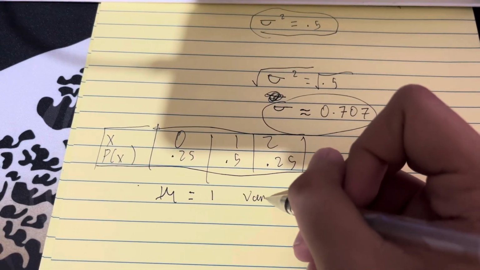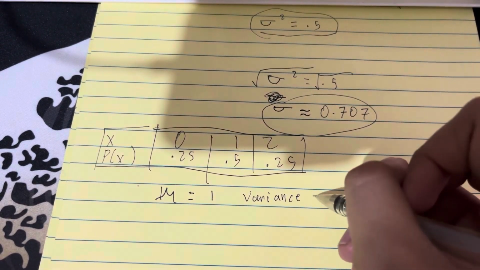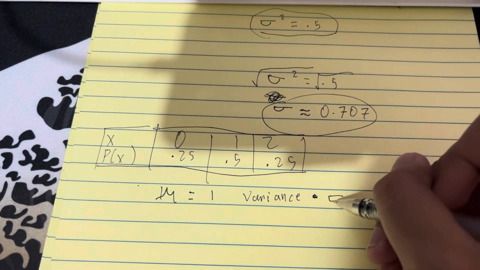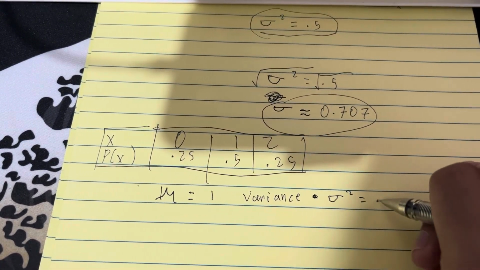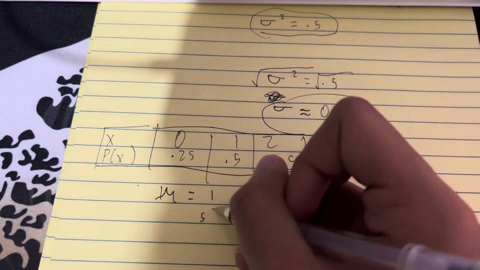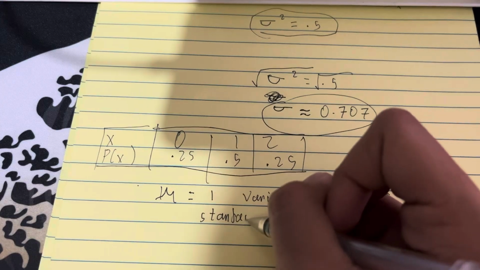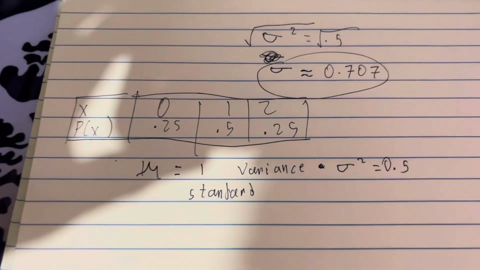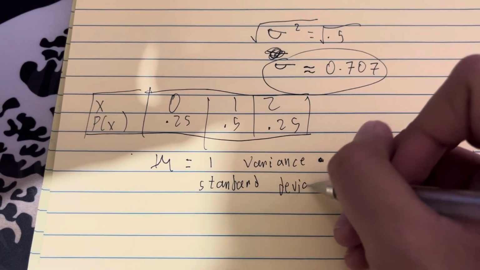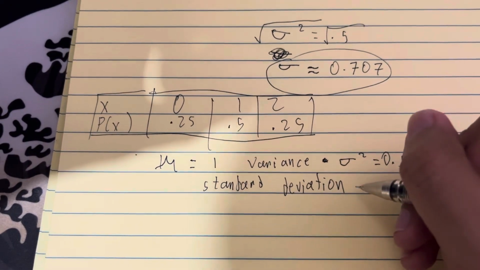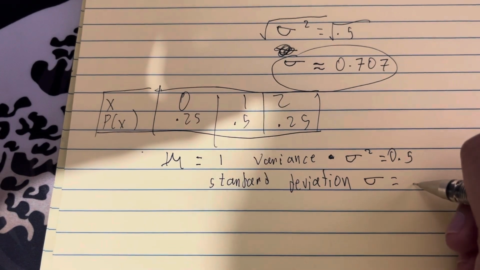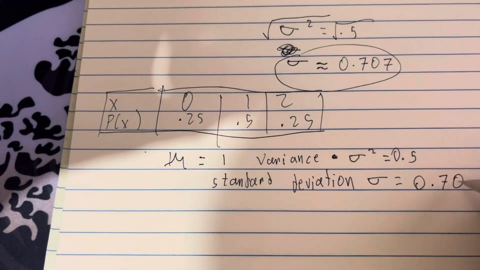Our variance, we should do the symbol, sigma squared, is equal to 0.5, and then our standard deviation, or just sigma, is equal to 0.707.